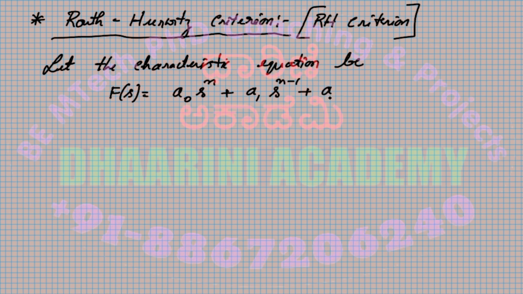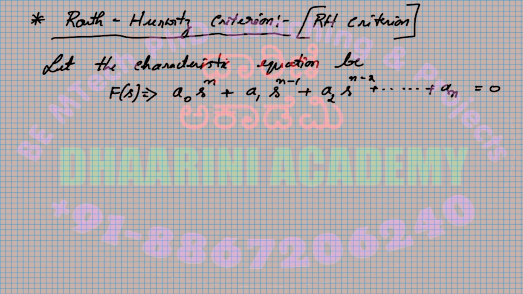The coefficients I'm writing as a1, a2, a3, etc. So a2 s to the power n minus 2 plus, like that. Let's assume the last term is a constant an. This is my characteristic equation. Normally, this is equal to 0. So this is my function.